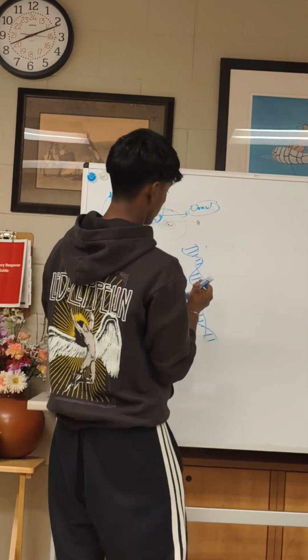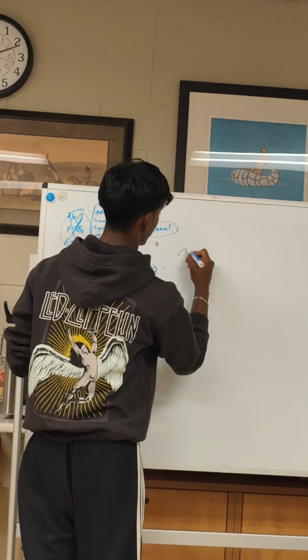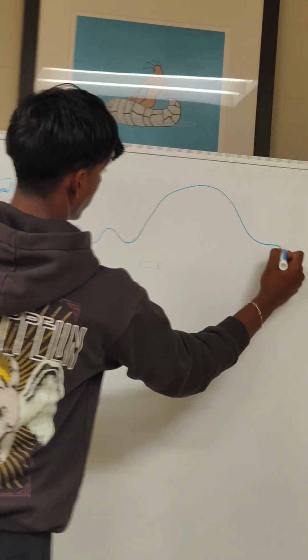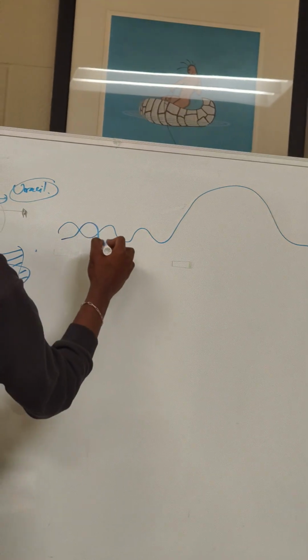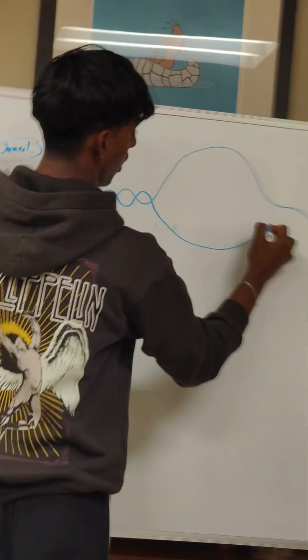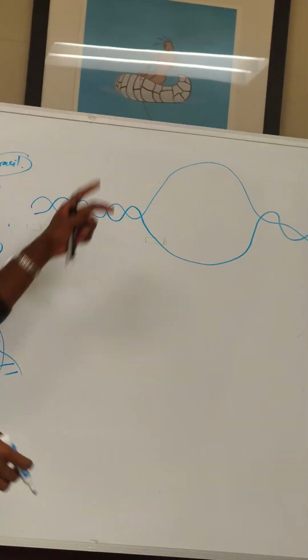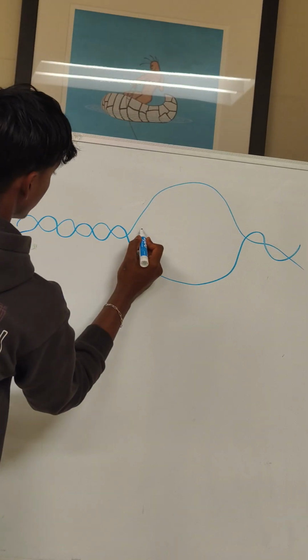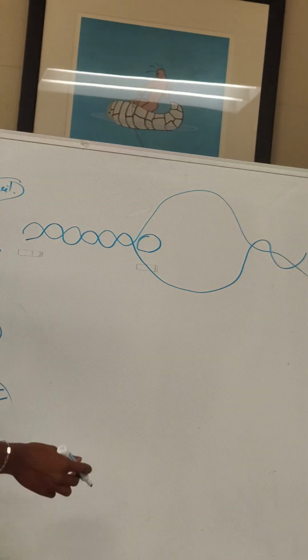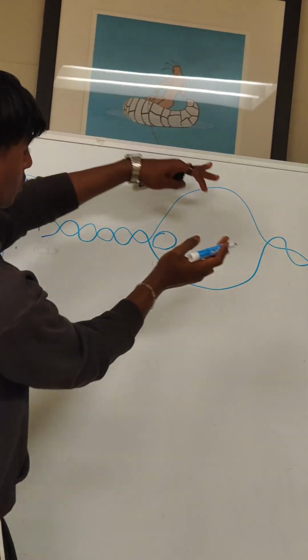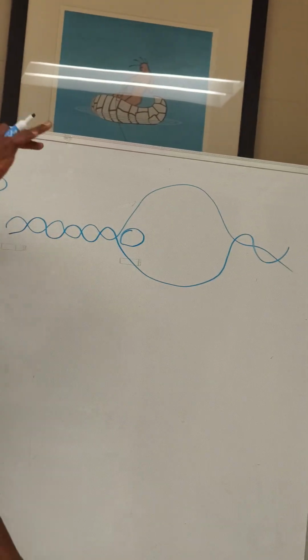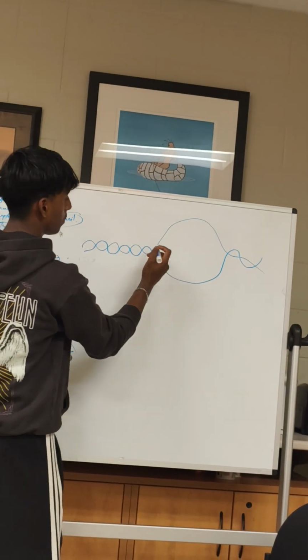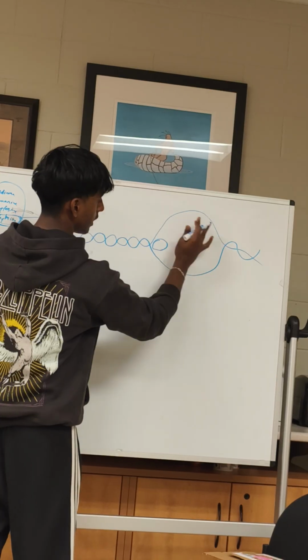So consider this is the DNA. That's a funky looking piece of DNA. It is like this because the RNA polymerase is here. That's the only reason why it became so long. It just bulged there because RNA polymerase divided this section over here.